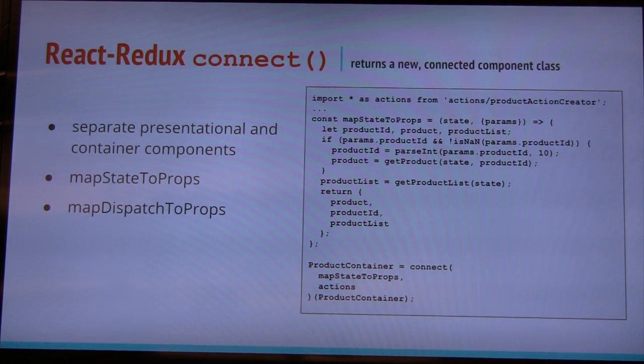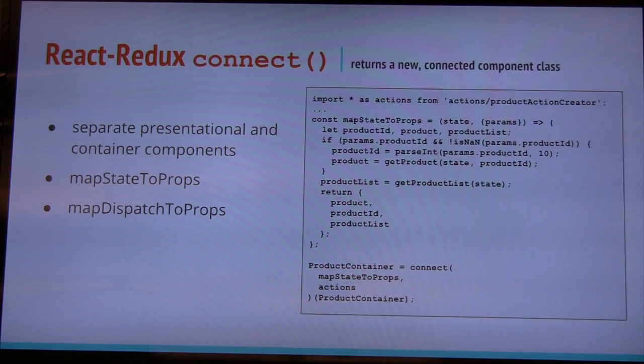So with your existing React project, hopefully you've already done a good job of separating presentational and container components. Does everybody know what those are? Excellent. So you want to use connect and define a special function called mapStateToProps that tells you how to transform the current Redux store state into the props that you want to pass into the presentational component that you're wrapping.